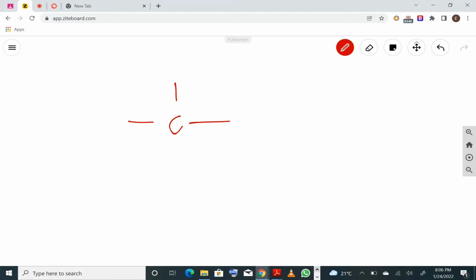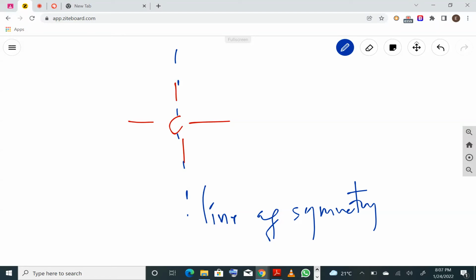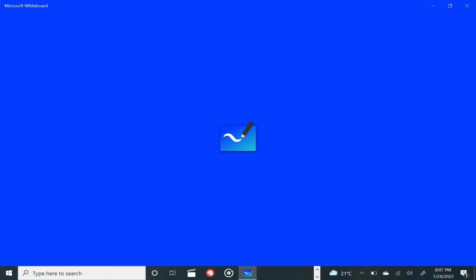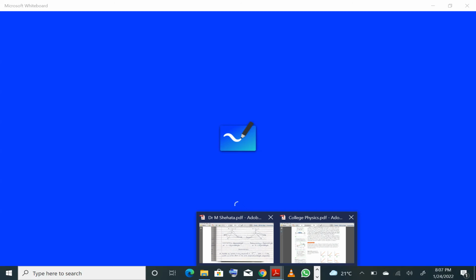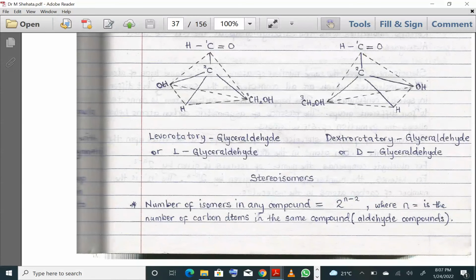If you are looking at a compound which you think has got a chiral center, or an asymmetric carbon, but you can actually have a line of symmetry in that particular molecule, then that cannot exhibit stereoisomerism. So those are important things you want to know.